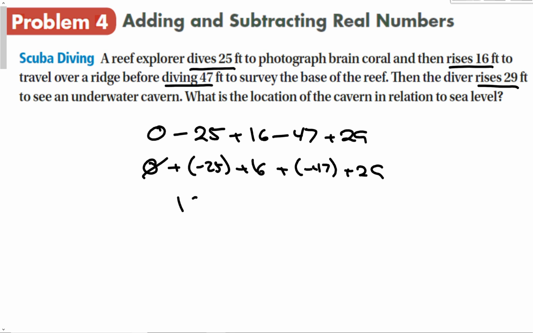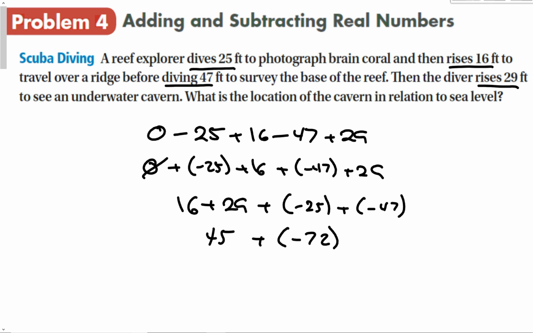And I can take my two positive numbers, 16 plus the 29, and do those first. And then I could add the negative 25 and the negative 47 later to give me 45 with these two plus a negative 72, and altogether gives me a negative 27. Always include your units, so there's going to be a negative 27 feet.